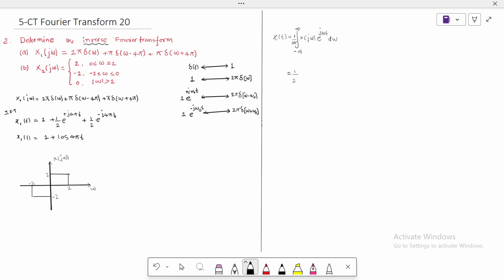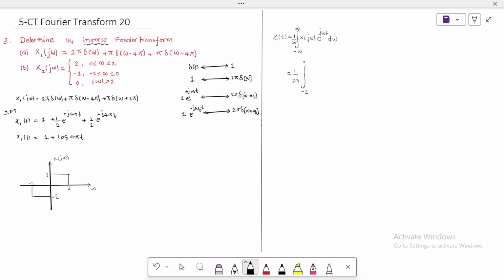So 1 by 2 pi, from minus 2 to 2. So it is better to split. Why? Because in between it has two different values.